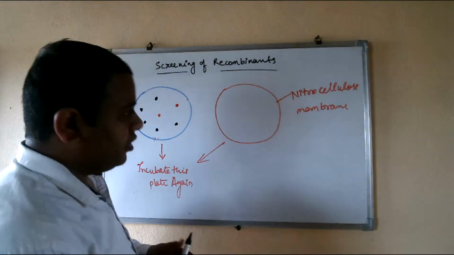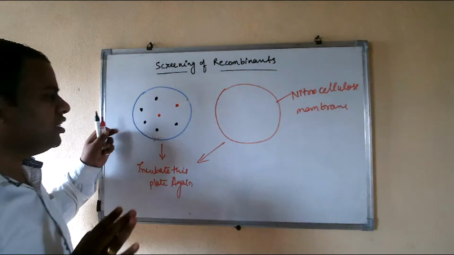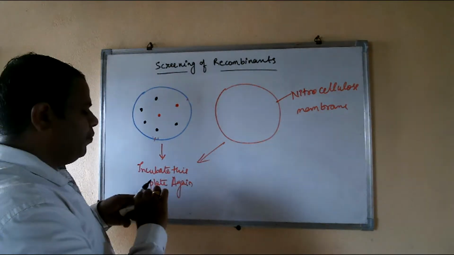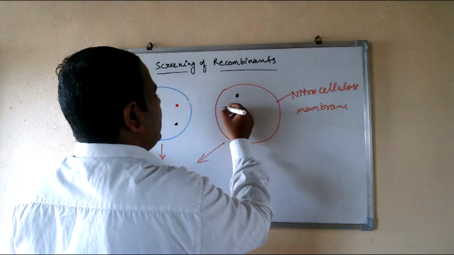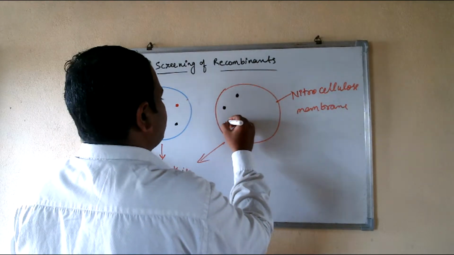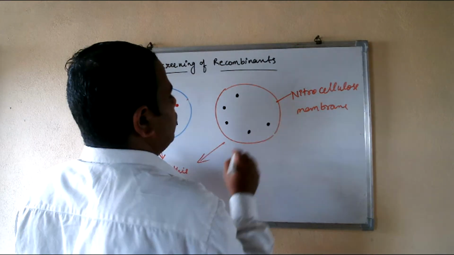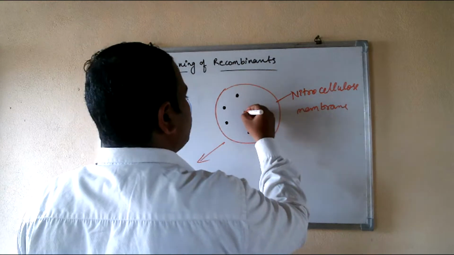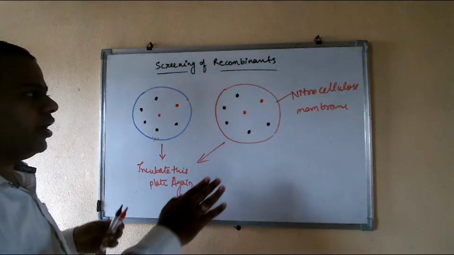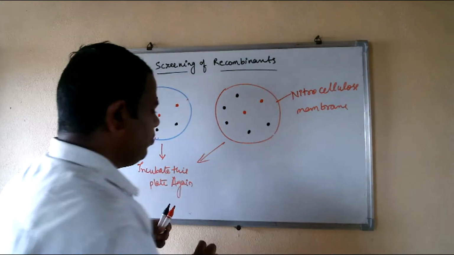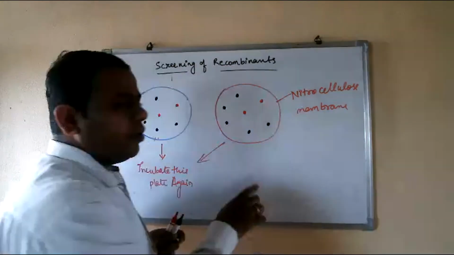What is going to happen? The nitrocellulose membrane, which we have pressed onto this plate, will also get the impression of these colonies. Here you can see, you will get the colony impression like this, and also here and here. The same impression you get on the nitrocellulose membrane. Now you have to take this nitrocellulose membrane for further processing.